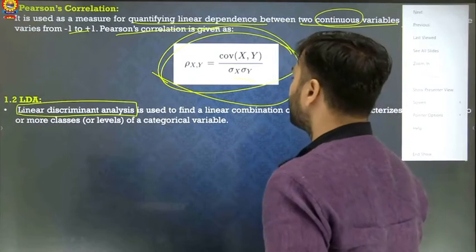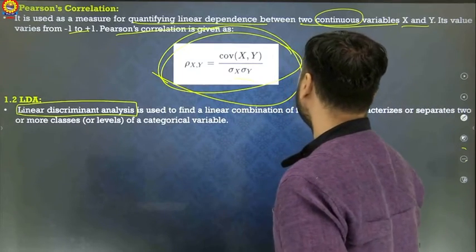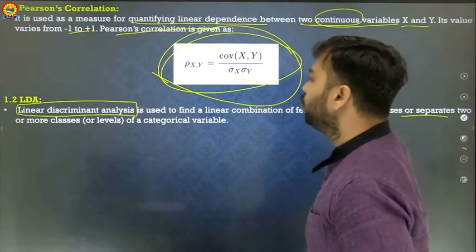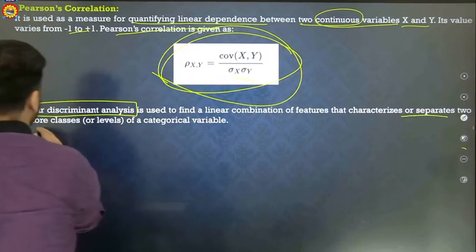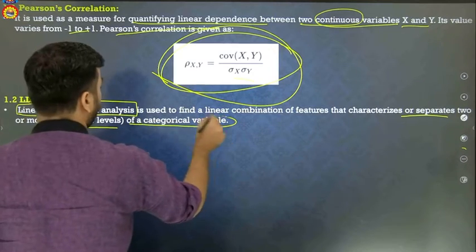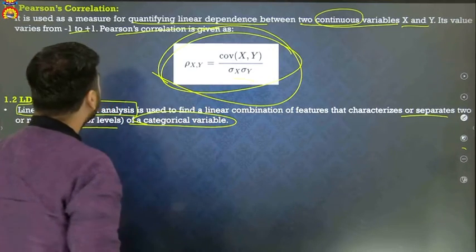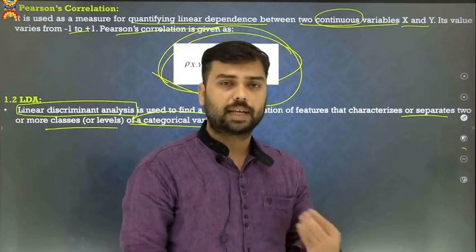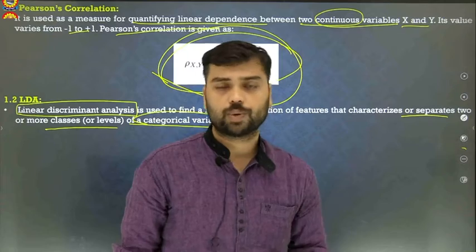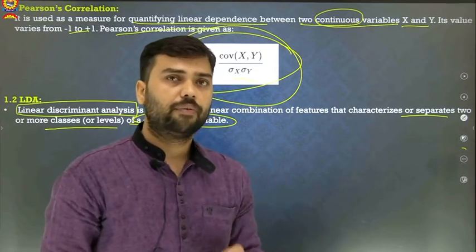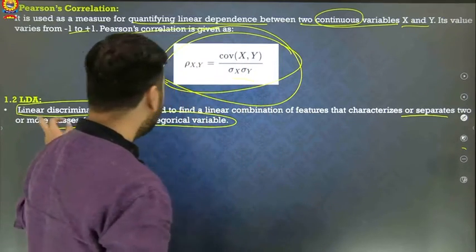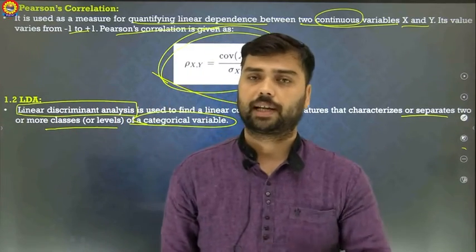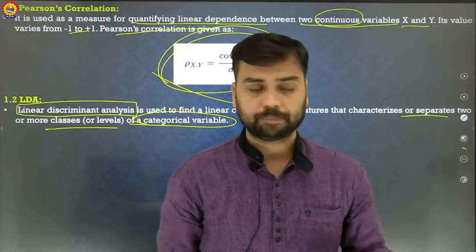It is used to find the linear combination of the features that characterize or separate two or more classes or levels of a categorical value. The Pearson correlation is assigning the score to the continuous value, so selecting the features, while LDA is assigning the score to the categorical value. So for categorical value selection, we use LDA.